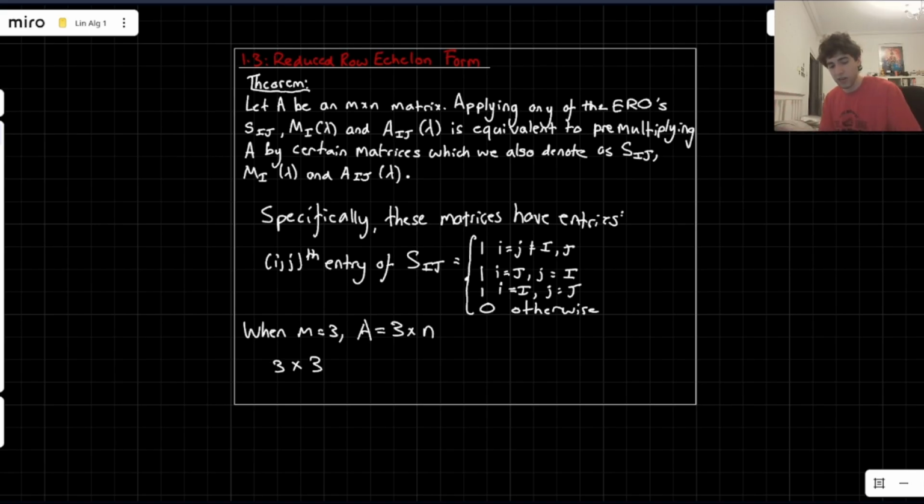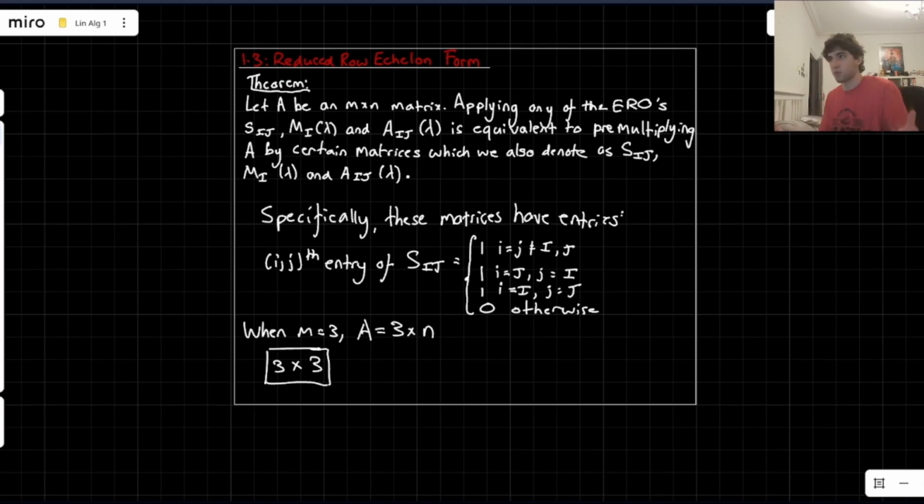So actually, all of my elementary row operations, when m is equal to 3, if they're represented as a matrix, have to have the dimension 3 by 3. So they have to be a square matrix, an m by m square matrix, and in this case I specified m is equal to 3. Even though I might not necessarily know what they look like, I know just by intuiting what they're going to do that the dimension of A has to stay the same after pre-multiplying by them.